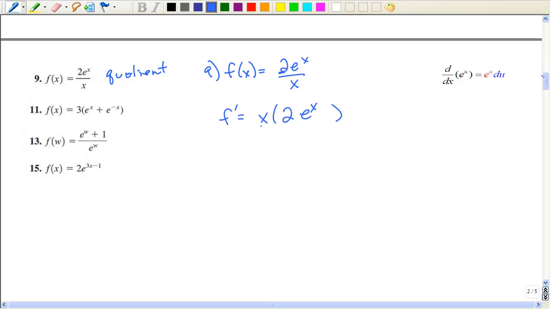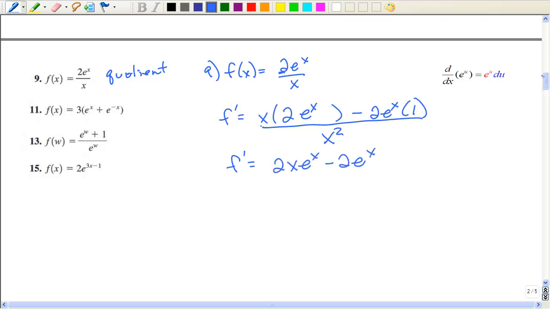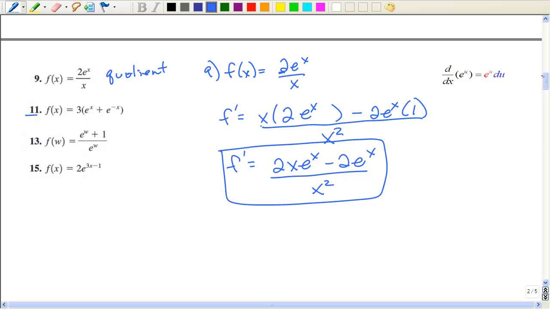So the bottom times the derivative of the top minus the top times the derivative of the bottom over the bottom squared. Those are unlike terms because of the x, and that's our derivative.